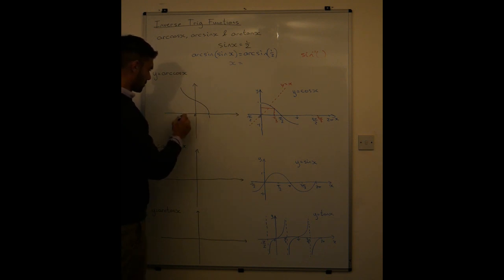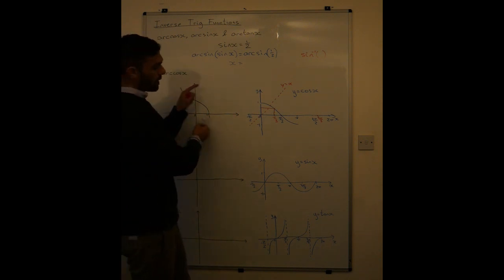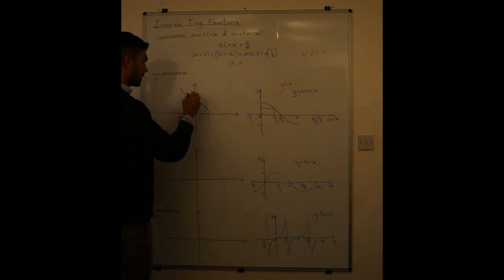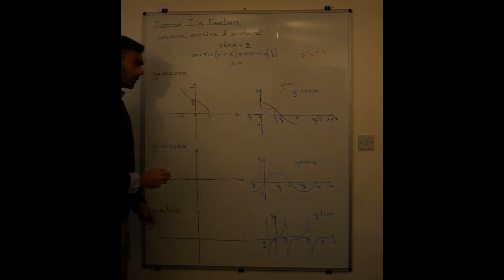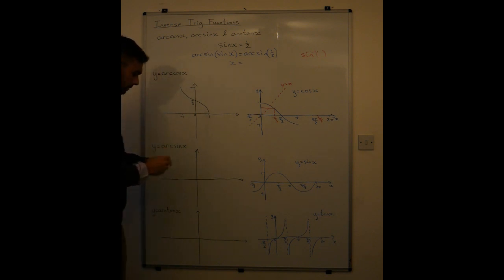And the range of arccos will be the domain of the original, so 0 to pi. There we go.